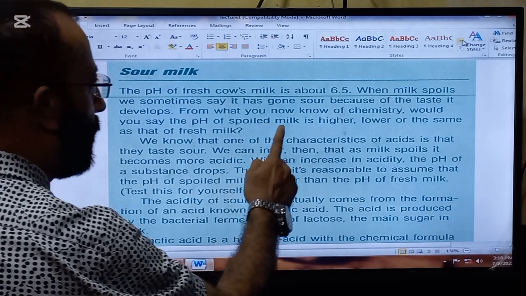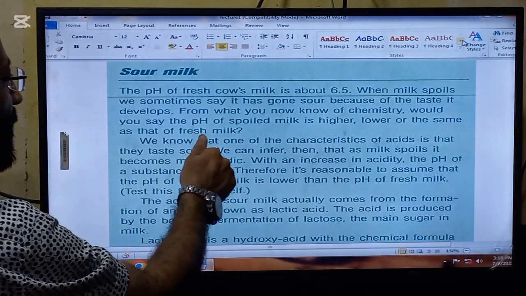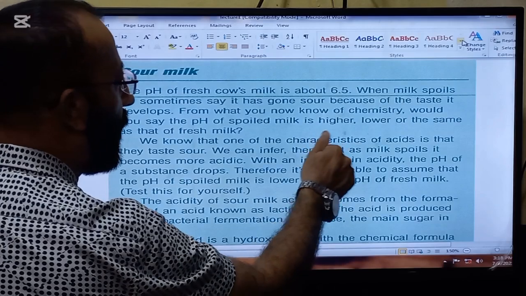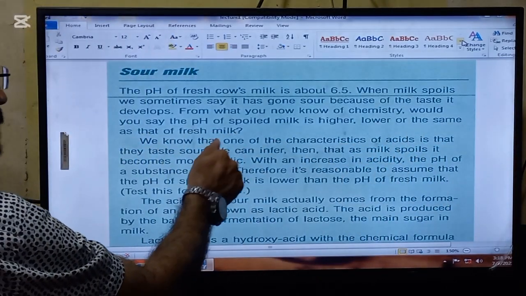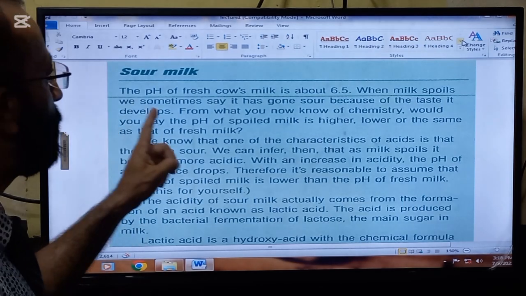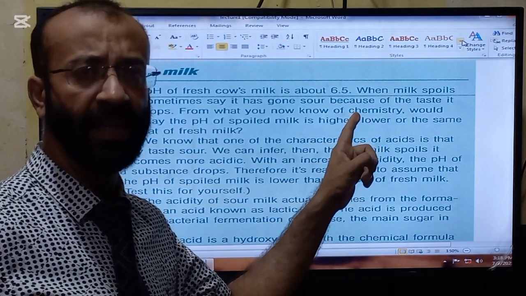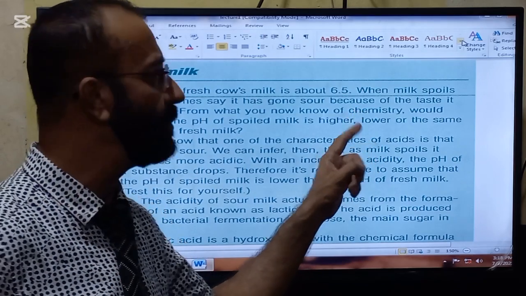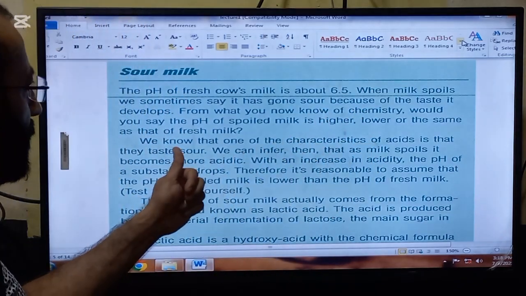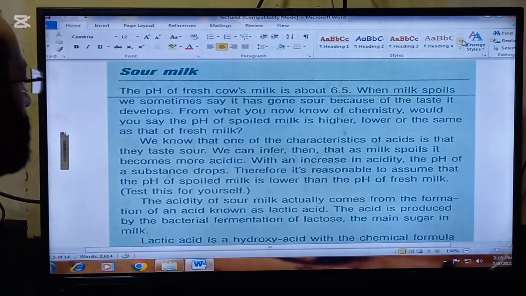From what you know now of chemistry, would you say the pH of spoiled milk is higher, lower, or the same as that of fresh milk? If the pH of fresh milk is this, and it has gone sour, it means the pH value will become lesser. So the pH of sour milk will be less than 6.5.